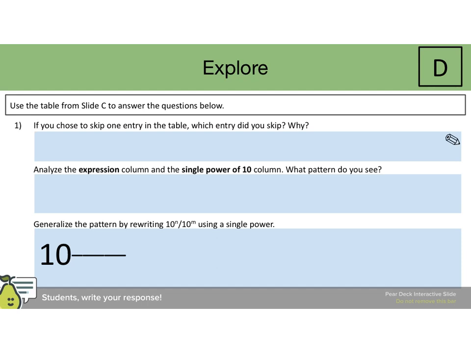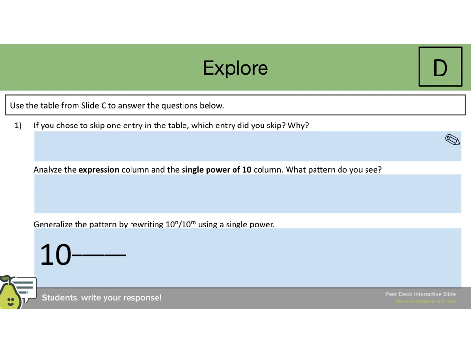So students should be able to say that they skipped that last row of the middle column because there's not enough space. And in fact, it would probably take a long time to write down all those factors of 10.